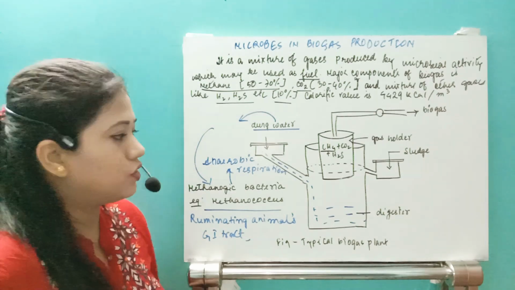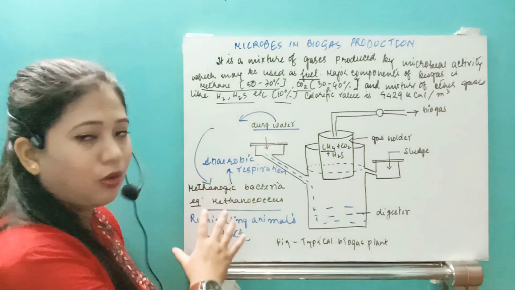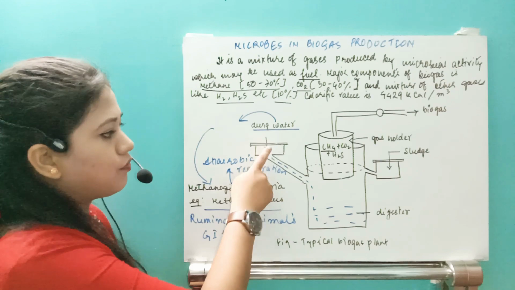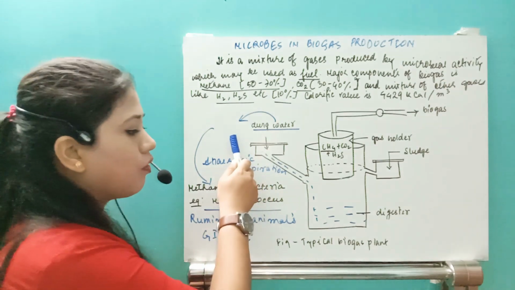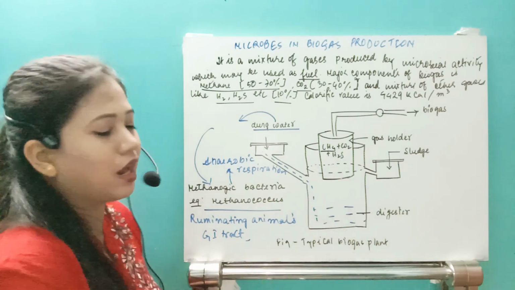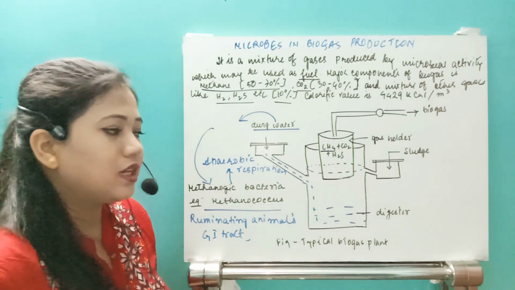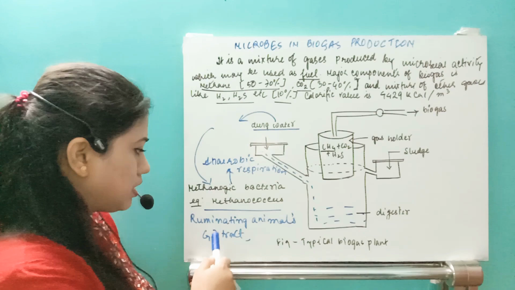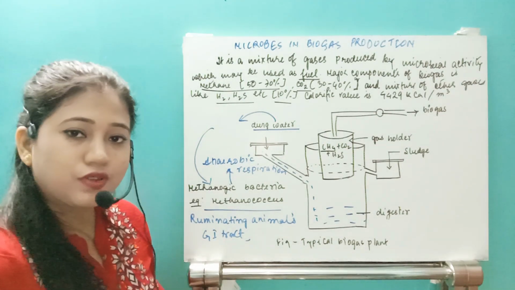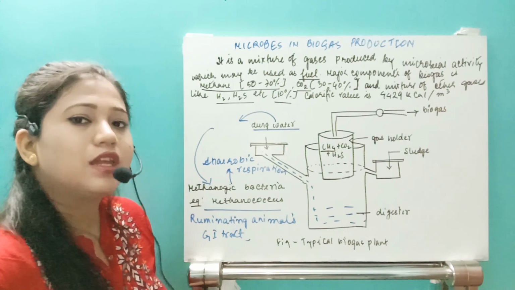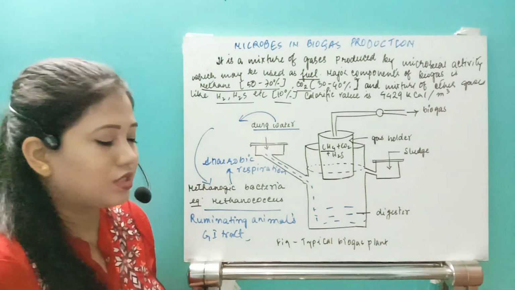So we take this cow dung, mix it with water, and through this inlet we let it enter the large digester. Then inside the digester, the methanogenic bacteria will work on the leftover cellulose and digest it.